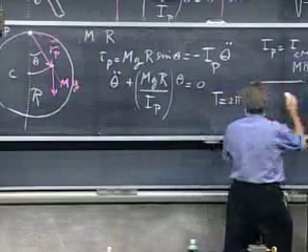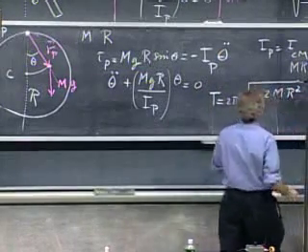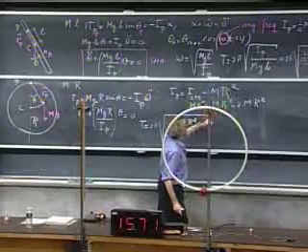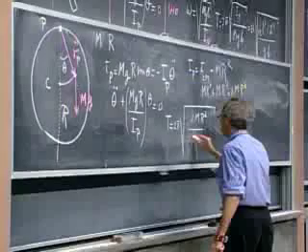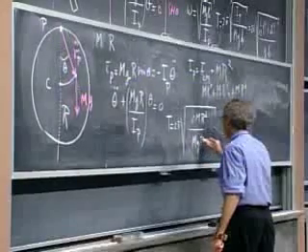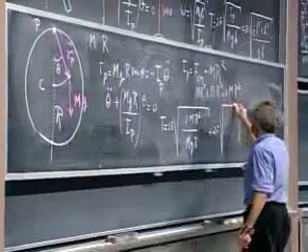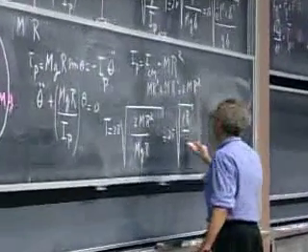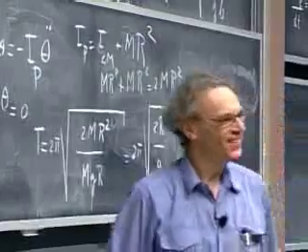But IP is 2mr squared. So we have 2mr squared divided by mgr, and that is 2 pi times the square root of 2r over g. And that is a cute result.